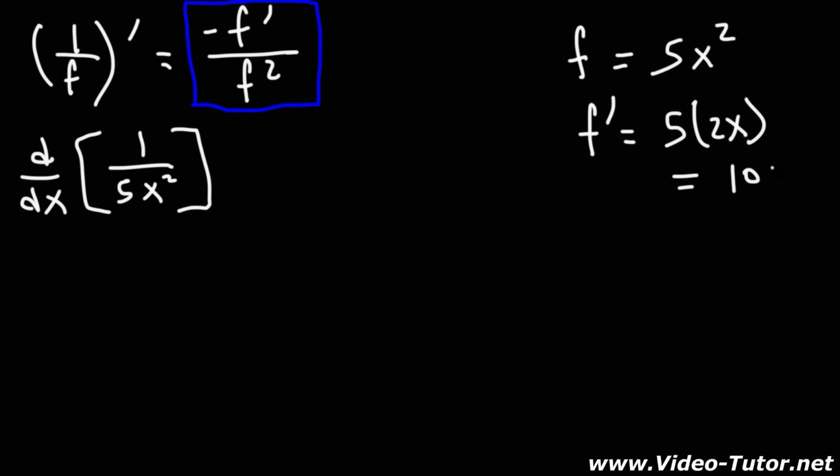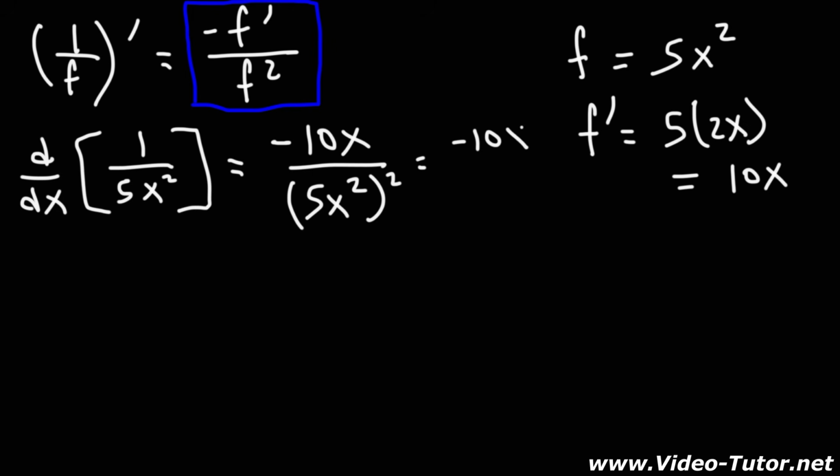So that simplifies to 10x. So using the formula, it's negative f prime, so negative 10x divided by f squared.